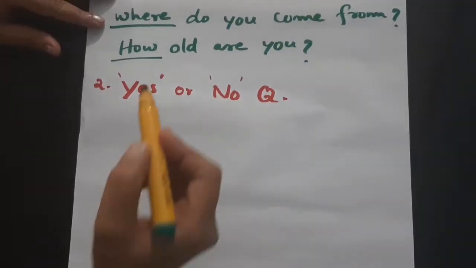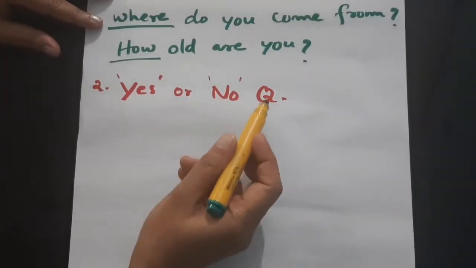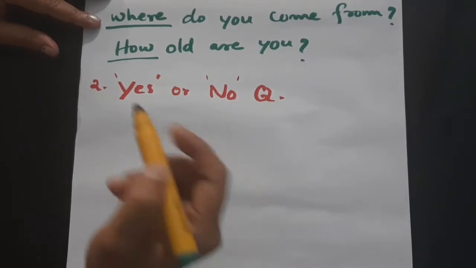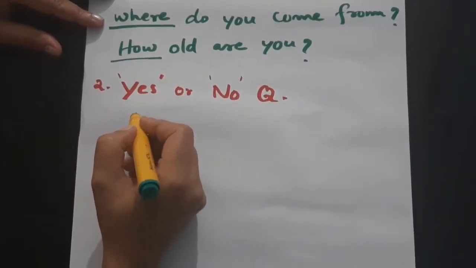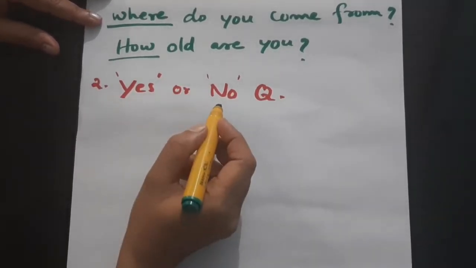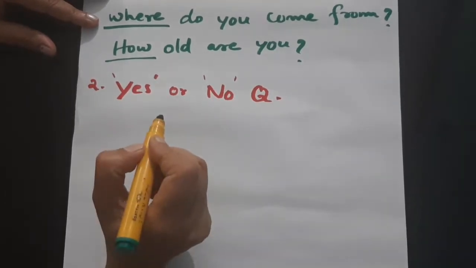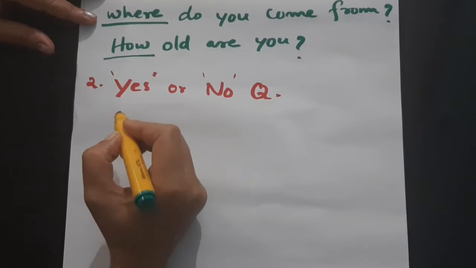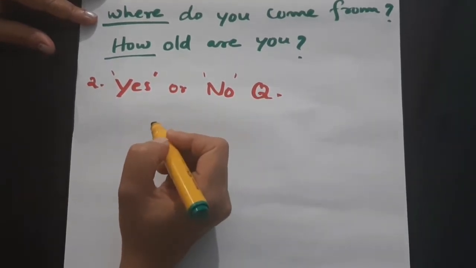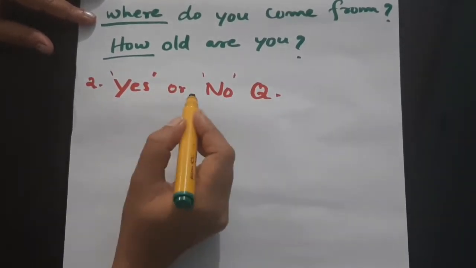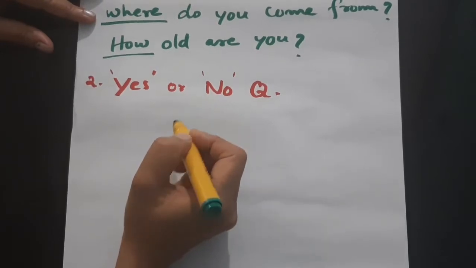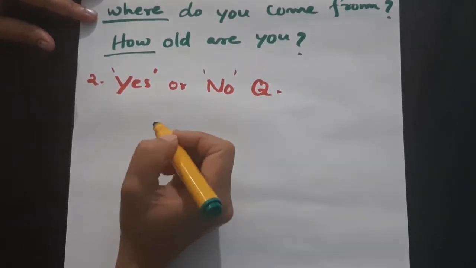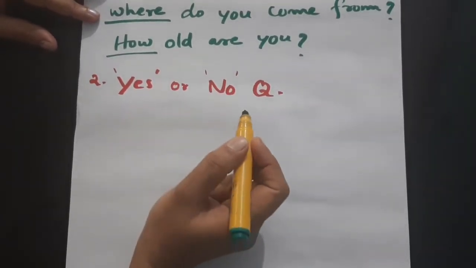Another one is yes or no question. This question will definitely start with an auxiliary verb, and in answer to this question you can state yes or no. For example, do you really know magic?